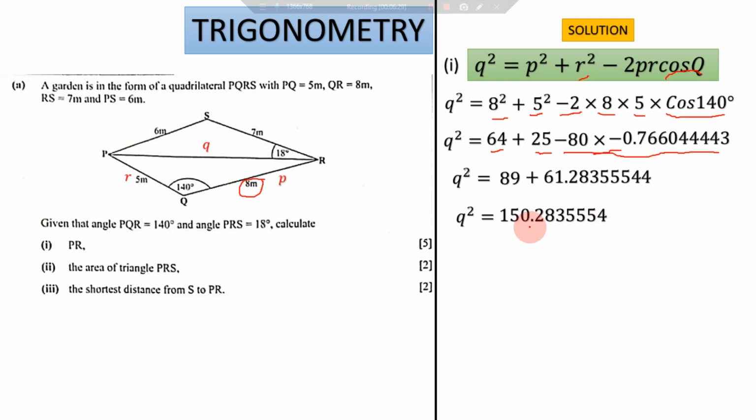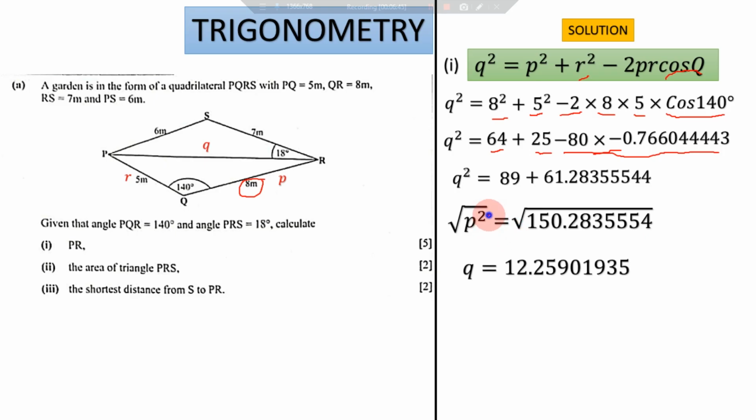Now from here, we need to find the value for q. So we'll introduce a square root to remove this power 2. We introduce a square root here on the left, and we're also going to introduce the square root on the 150 point, those values. Once we punch on the calculator, of course the power 2 and the square root will cancel.